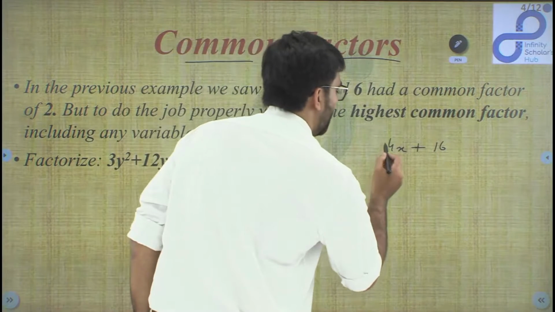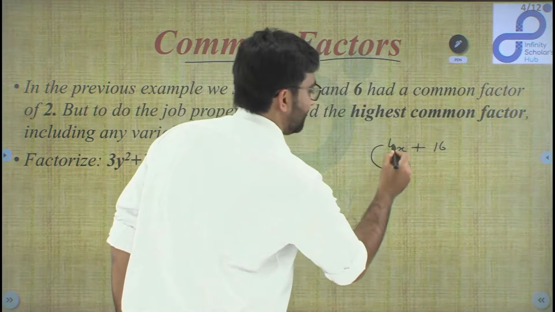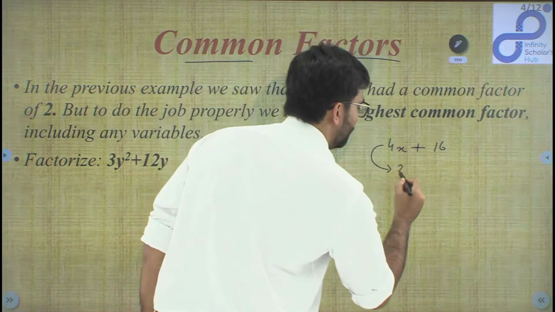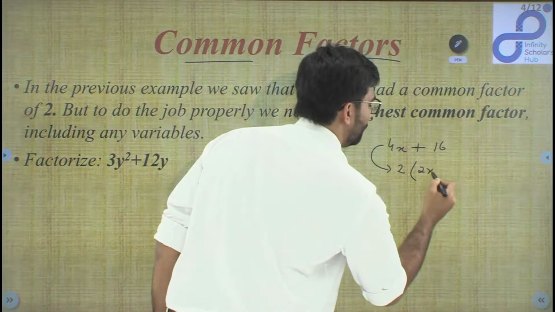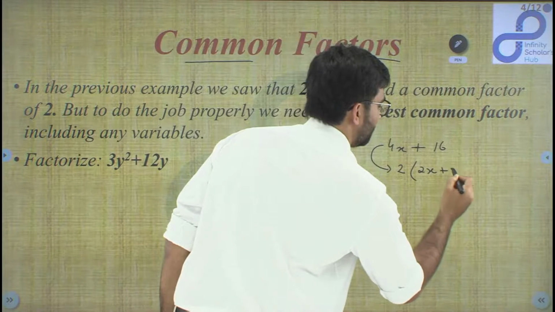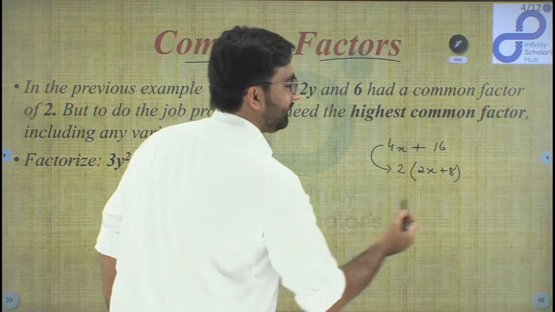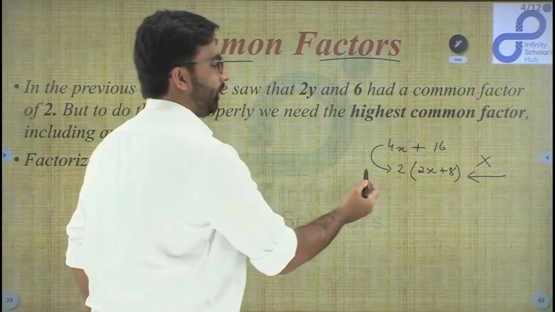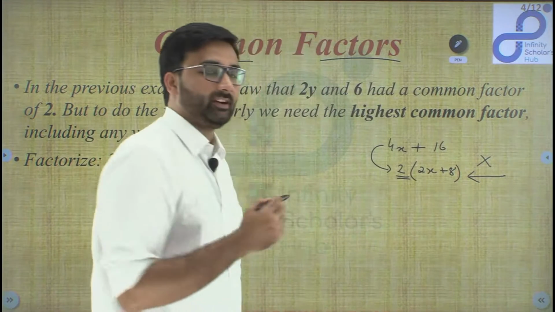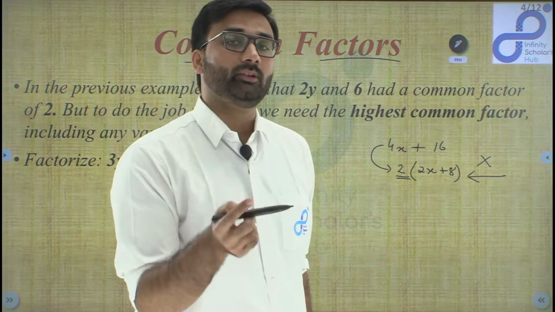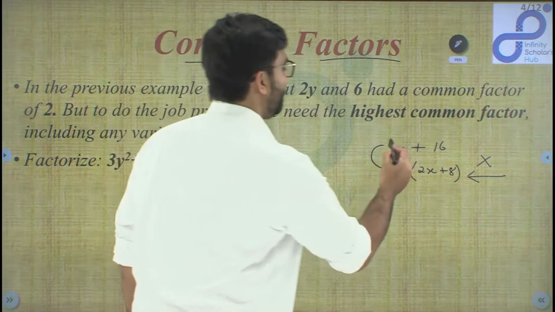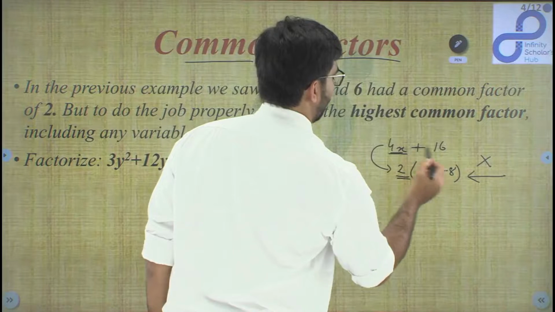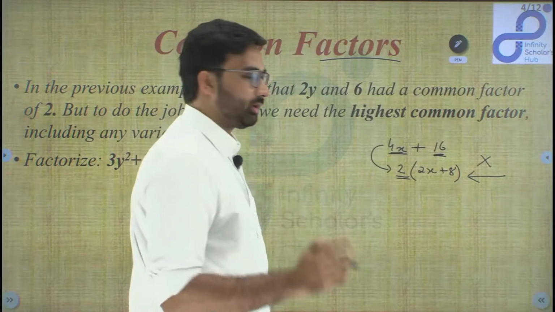So if you write this expression as 2, in brackets you will have 2x plus 8, right? But the factorization is not over here because you have taken only the common factor and you have to take the highest common factor. So the highest common factor in 4x and 16 is 4.